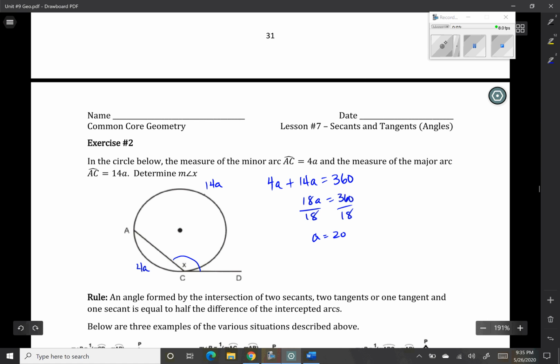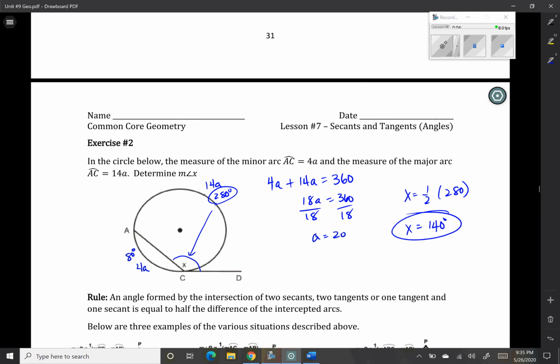And we now know A is 20, making this arc 80, and this arc 280. Now, if this arc is 280, the angle that's created by that arc is going to be half of that. So that angle is going to be 140 degrees.